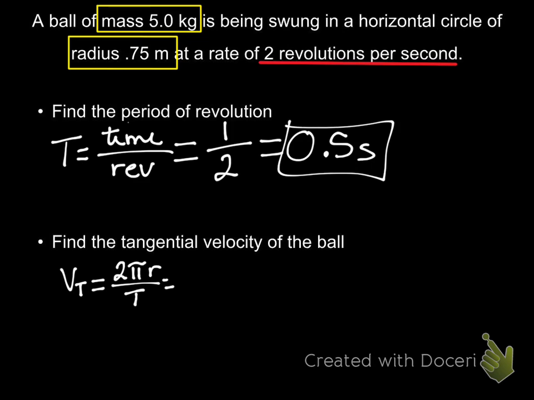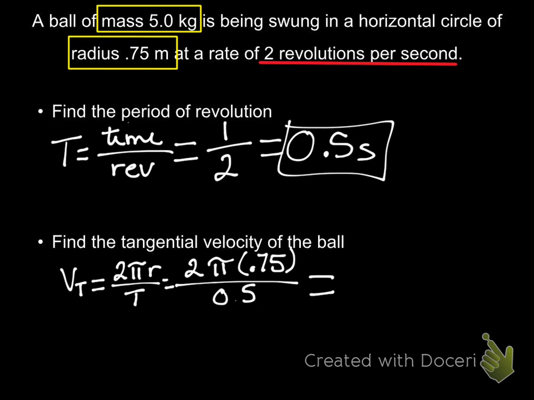So for this problem in particular, you have 2 pi times a radius of 0.75 divided by the period that we just found of 0.5 seconds. And I would recommend when doing this in your calculator that you use the pi button and not 3.14.